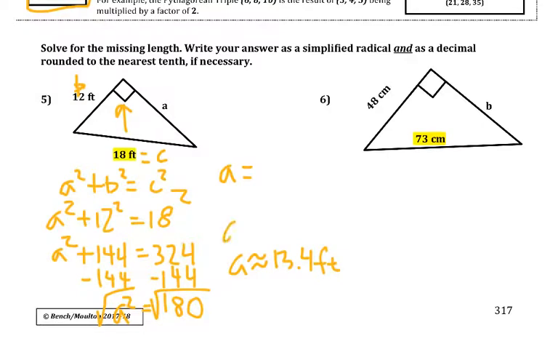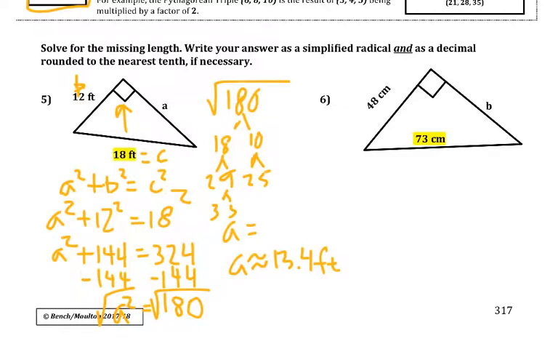Now to figure out the exact value of a, I'm going to go ahead and do the prime factorization of 180. And that goes down to 10 and 18, which goes to 2 and 9, 9 to 3 and 3, 10 is 2 and 5. So I'm noticing my prime factorization, and I'm going to put this at the bottom of the screen, is the square root of 2 times 2 times 3 times 3 times 5.